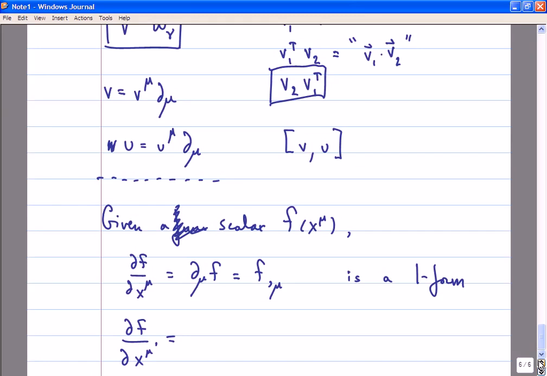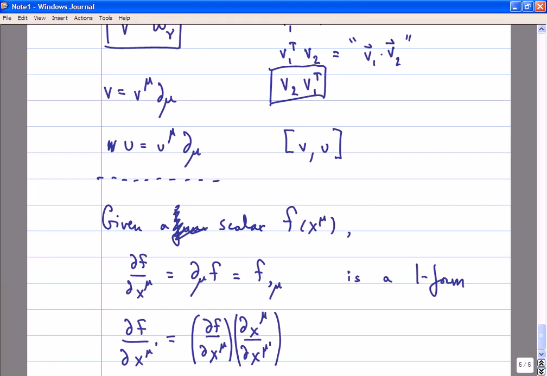So this is df by dx mu times dx mu by dx mu prime. And we recognize this as the components of the one form in the x mu coordinates, and this as the Jacobian that appears in the definition of the one form.